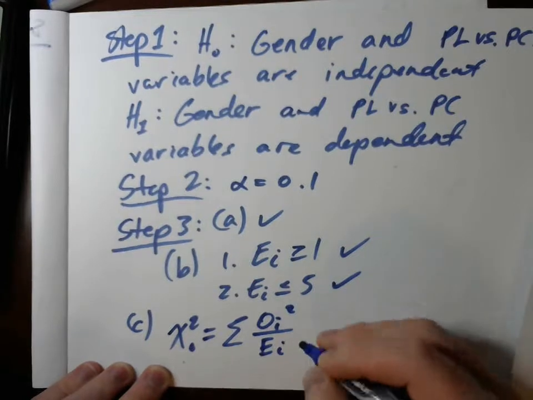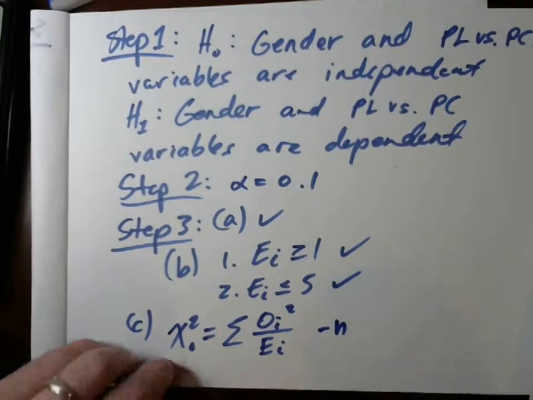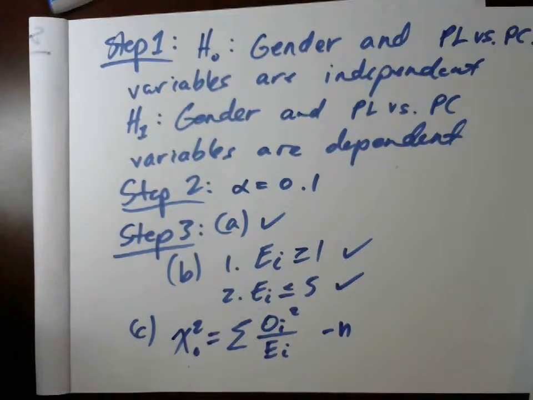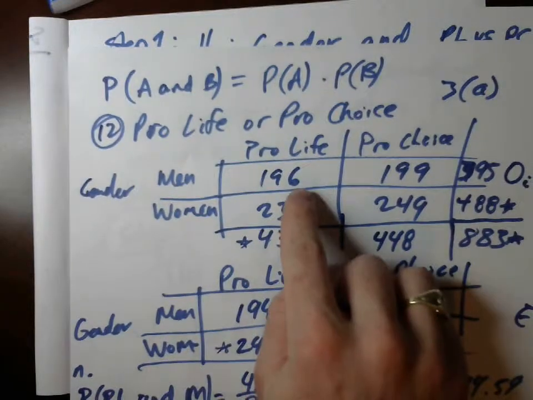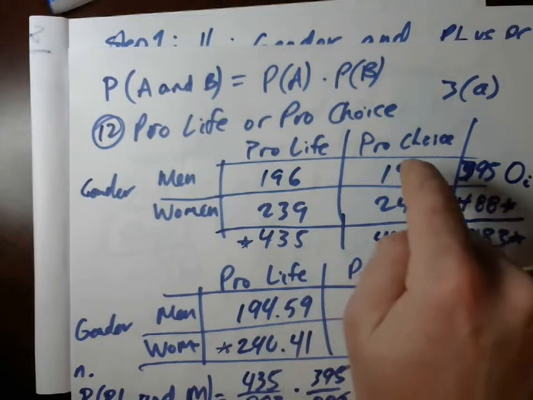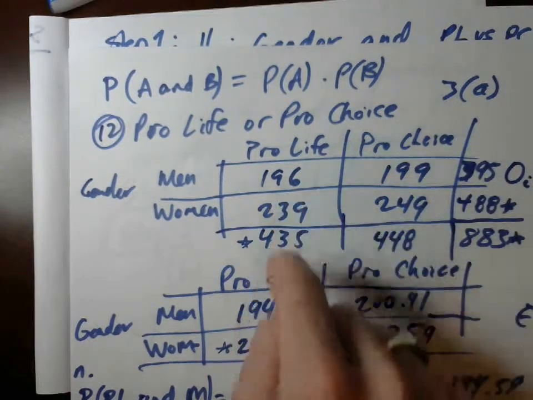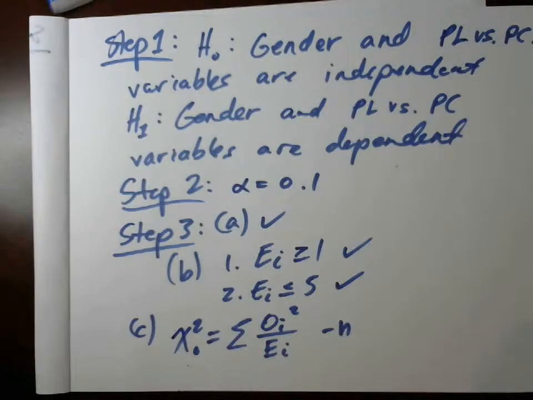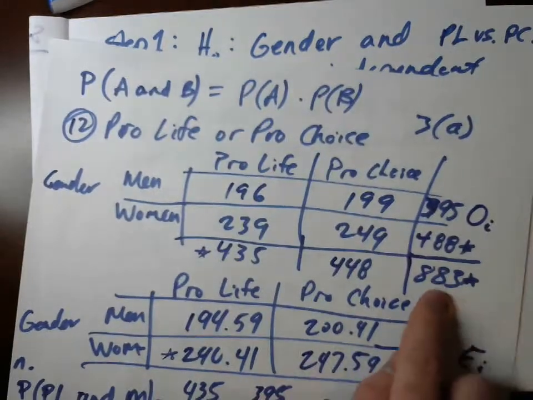You can use the one in the book, minus n. And you will actually get the same thing with your calculator. Obviously you would take 196 squared, divide this, plus 199 squared, divide this, and so forth. And then subtract n, and n in this case is 883. Remember, 883, that's your n.